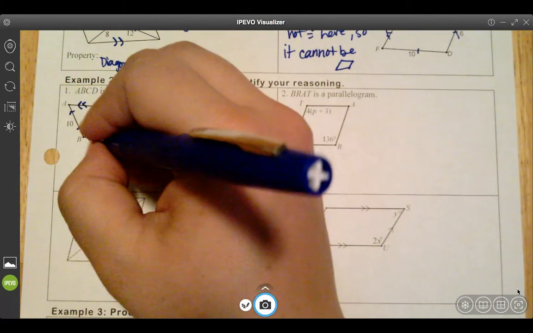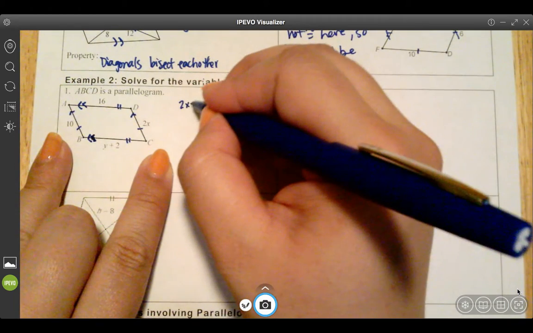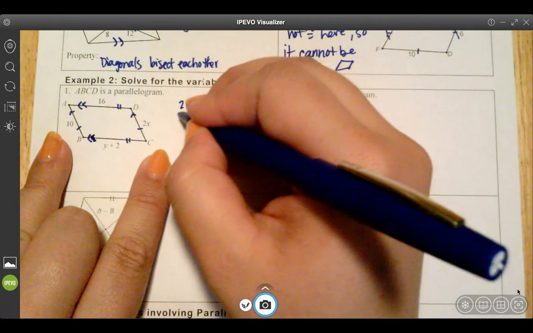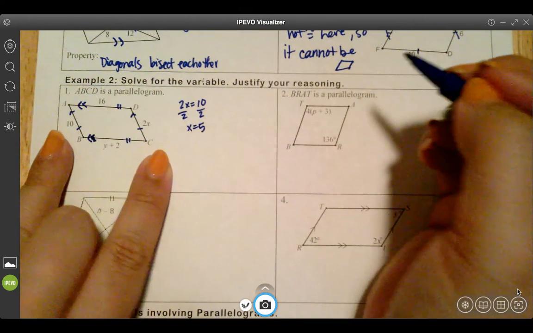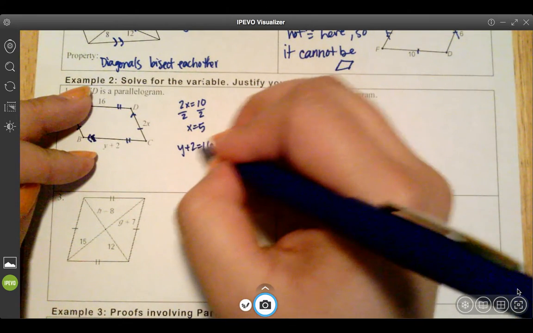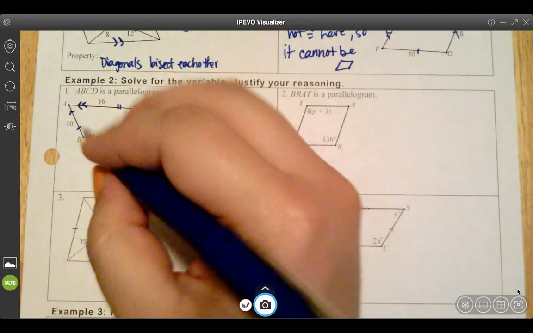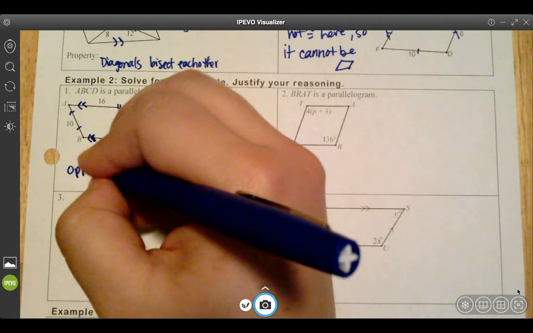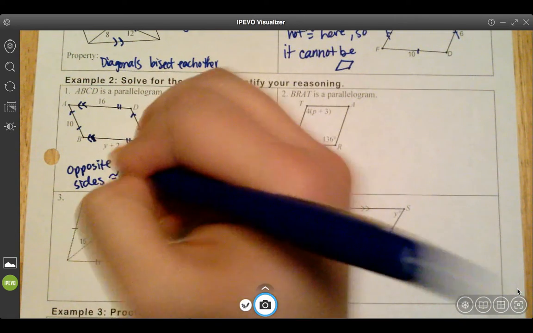And therefore we can say 2x equals 10, divide by 2, x equals 5, and also y plus 2 equals 16, minus 2, y equals 14. Why can we do that? Opposite sides are congruent.